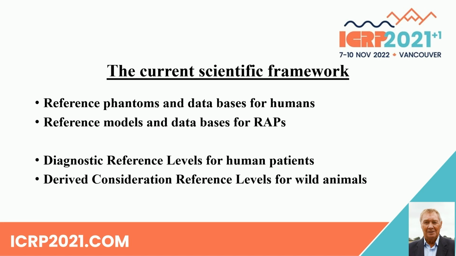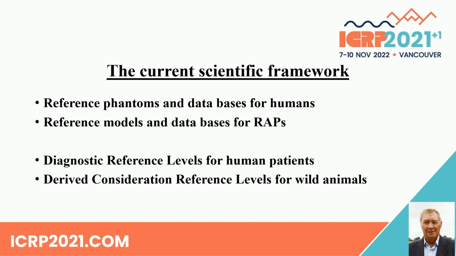At the moment, we have a framework that uses reference phantom models and databases that are used to relate exposure to dose and dose to risk to humans. And a similar and complementary reference approach has also been developed to help manage radiation exposures in the context of protection of the natural environment, for which a number of reference animals and plants, RAPs, have been described.